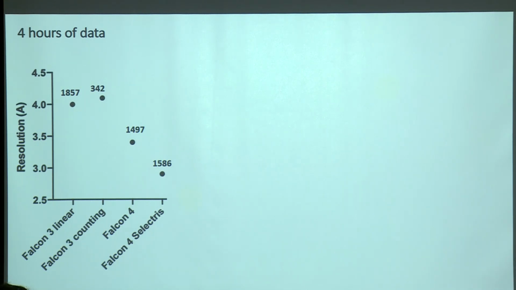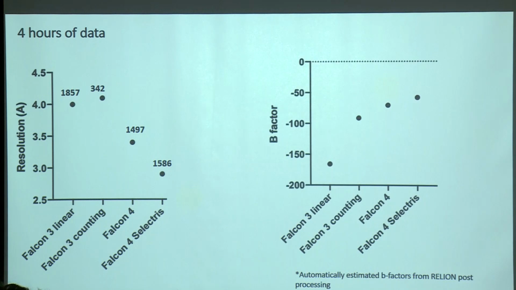Essentially, when we look at the resolution of the maps achieved from that 4 hours of data collection, we can see that the Falcon 3, our older detector, gave poorer resolution than the Falcon 4 data, and the Falcon 4 with Selectris was improved again. We can look at global resolution, and we also see a trend in the B factors that were applied.